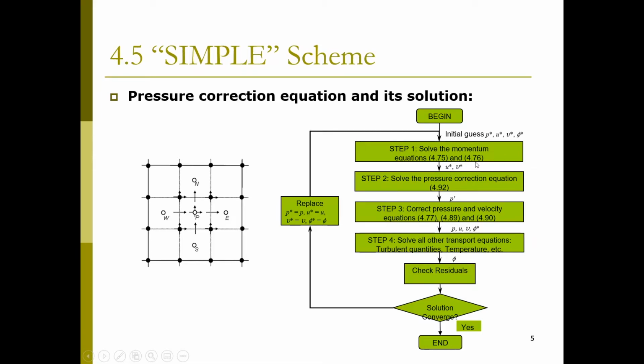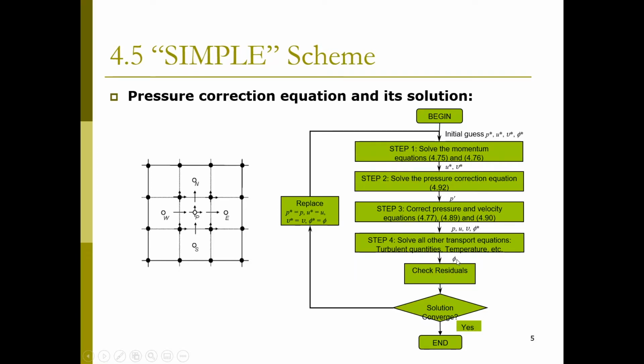Okay, this is for the case where it is incompressible, or laminar, or has no temperature. So if we have only two governing equations, only momentum and continuity equations, we solve until step 3. But if we have any other properties that require additional transport equations, we need to proceed to step 4 and do the same things like what we do for P, U, and V to those properties.